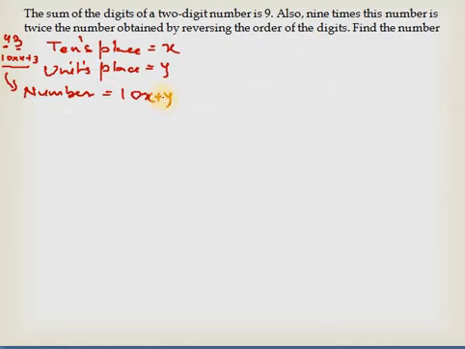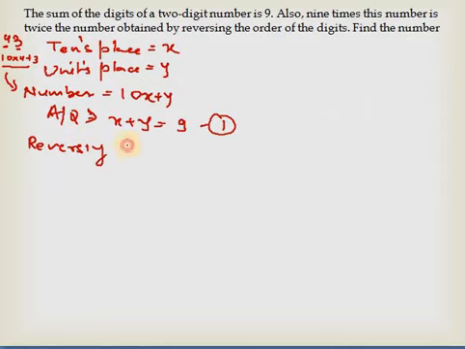Okay, now the sum of the digits of the two digit number is 9. So according to the question, x plus y is equals to 9. This is our first equation. Another is 9 times this number is twice the number obtained by reversing the order of the digits. So after reversing the digits, the new number is equals to, can we write like 10y plus x?